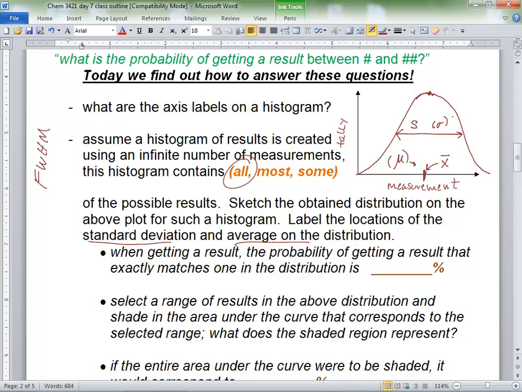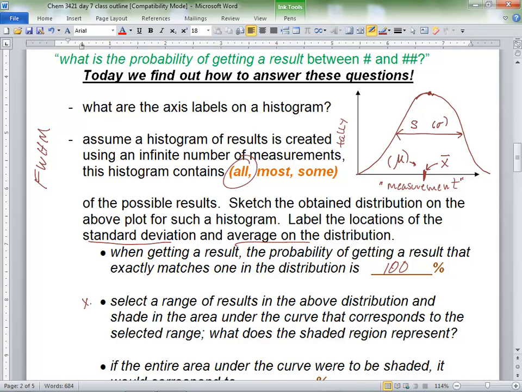When getting a result, the probability of getting a result that exactly matches one in the distribution, Brandy, is... In this plot we did an infinite number of times. We're going to make a measurement. The probability of getting exactly one of these measurements is 100%. They're all there. All your choices are there.